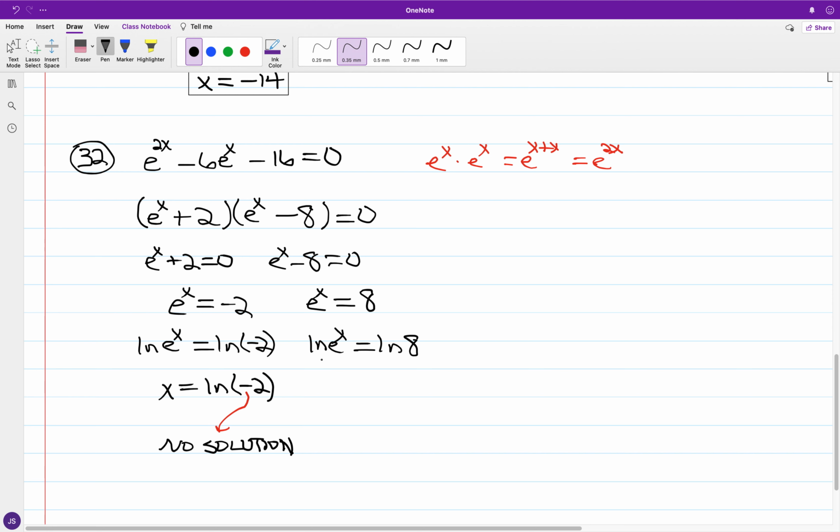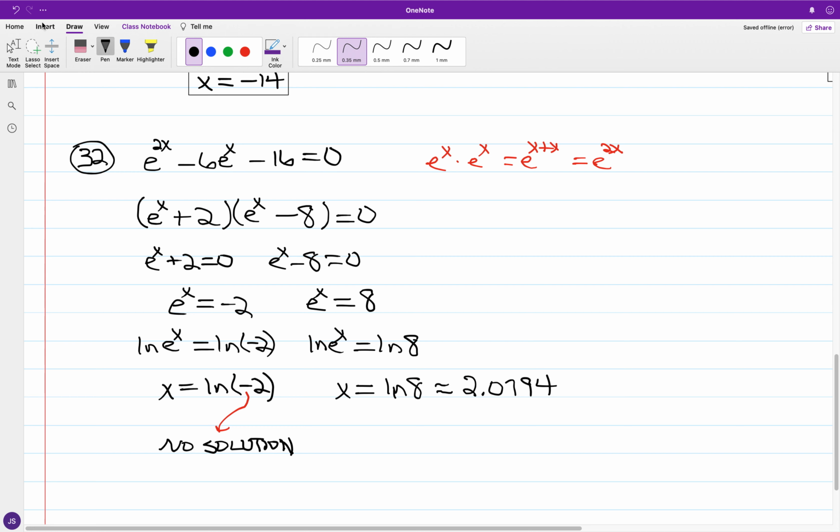Whereas in the case of the next one, we have x equal to the natural logarithm of 8. 8 is positive, so there's going to be a solution on this. So we have x equal to the natural logarithm of 8. If I were to take this to the nearest 4 decimal places, this would be about 2.0794.